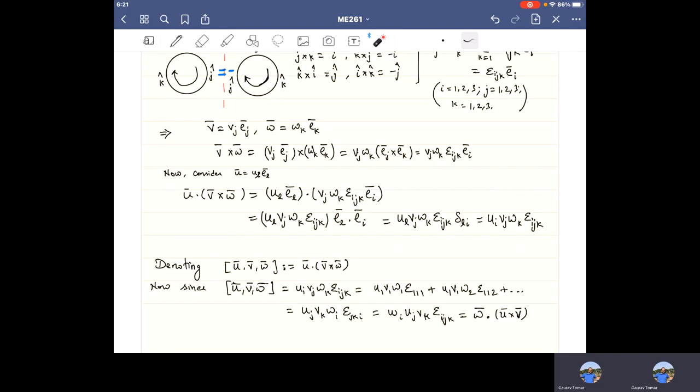Whether you write i, j or k, which takes values from 1 to 3, you can choose to give it whatever name. So here we change the names. Let's call i as j, j as k, and k as i.